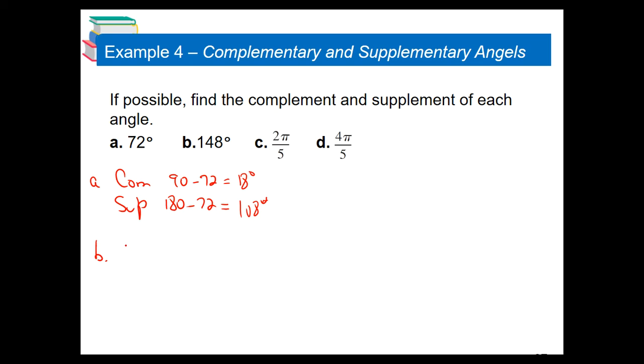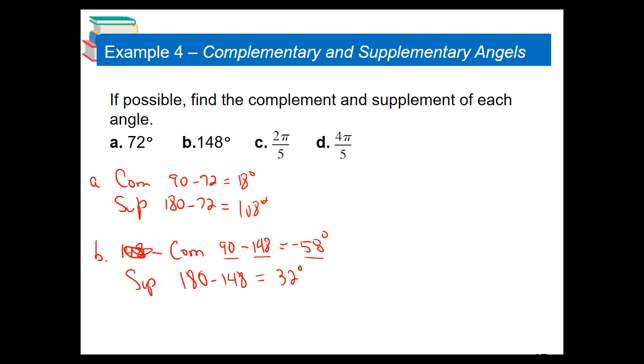For B, the complement is going to be 90 minus 148 degrees, and that's going to end up being a negative angle. 90 minus 148 is negative 58. So 148 and negative 58 are complements. The supplement, I would say 180 minus 148, which is 32 degrees.